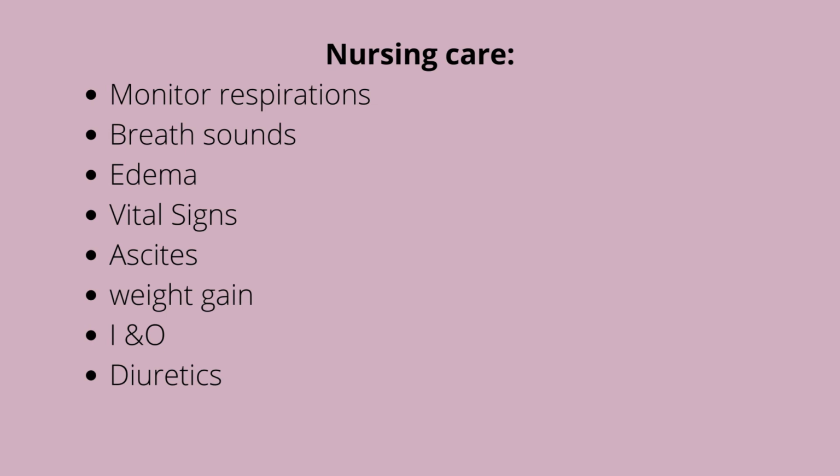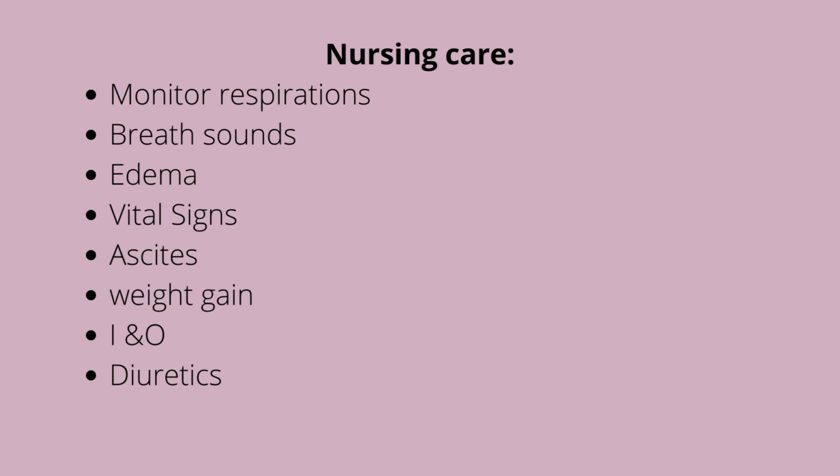As a nurse, how do you take care of this patient? Of course, they have a risk of respiratory failure or respiratory compromise, and we'll monitor their respiratory status, their breath sounds. We'll check for edema. We'll check their vital signs. We'll check ascites, which is the water retaining in the abdominal cavity if it's cirrhosis. And remember, with ascites, we measure this patient daily.